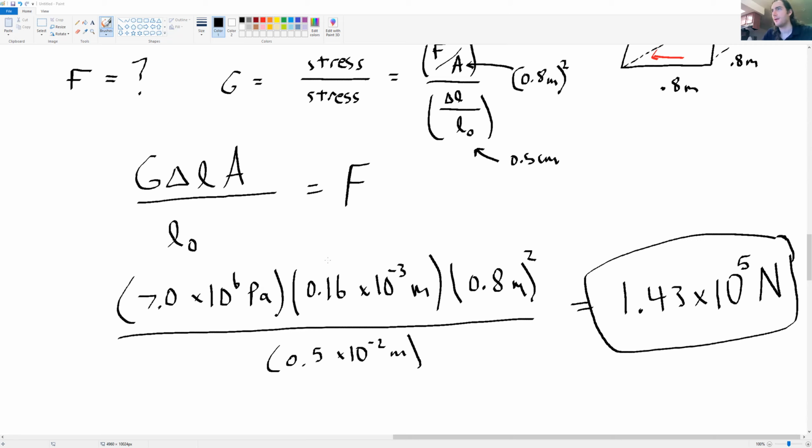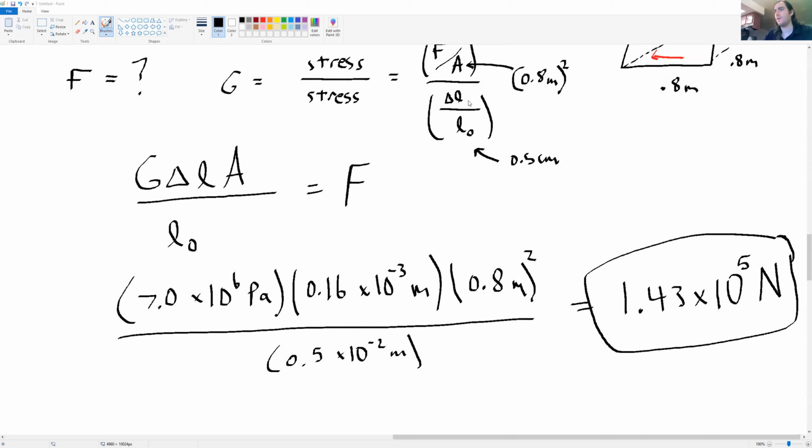I saw some people put answers in the chat. Only one person, 4.48 newtons. Seems significantly low. And 1.4 times 10 to the 8.